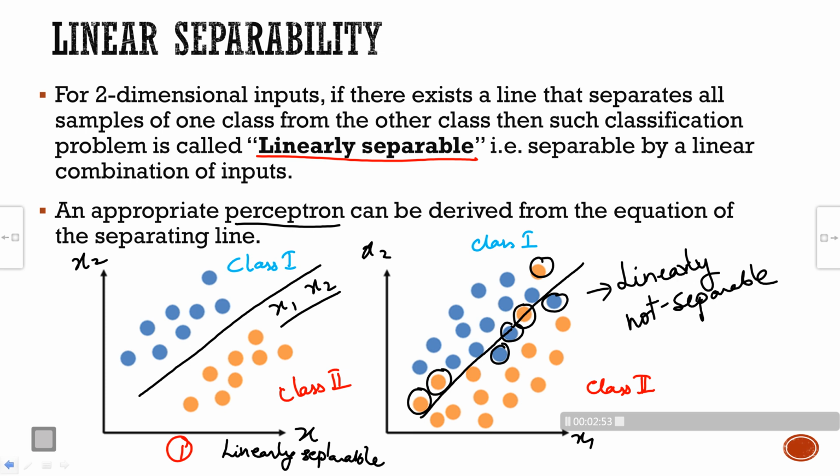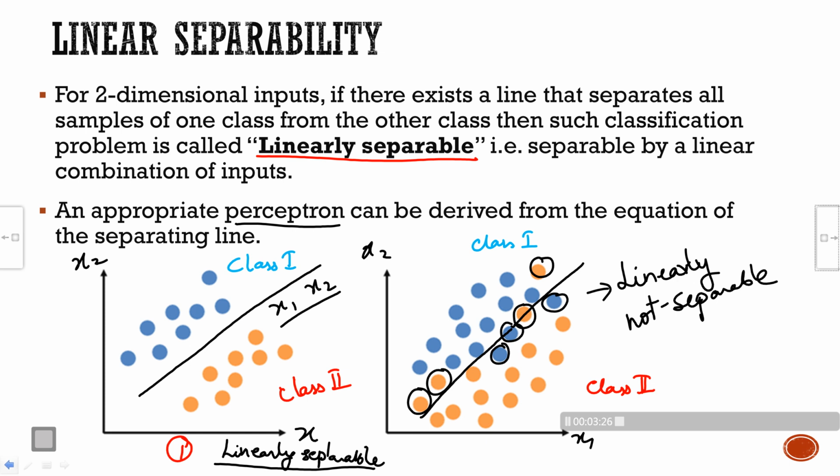But otherwise, in this case it is not possible to have one particular perceptron which will separate the two classes. So here I require only a single perceptron to do this classification problem. If a single perceptron can achieve the task of classifying the patterns from two different classes, then it is called a linearly separable problem.